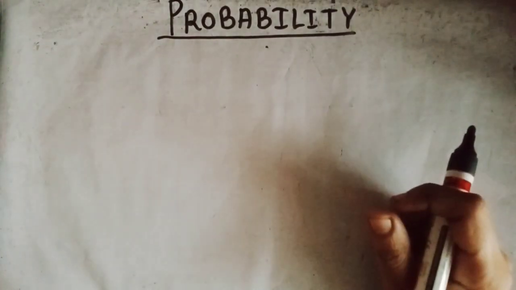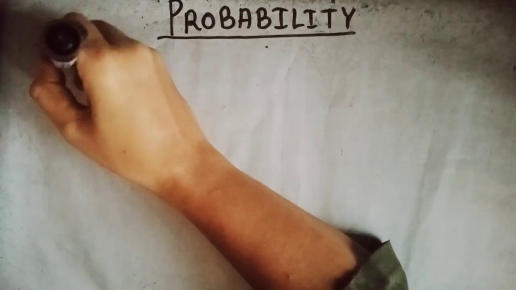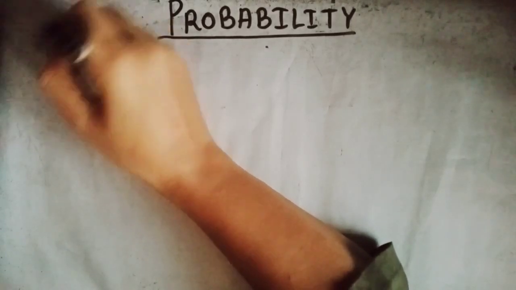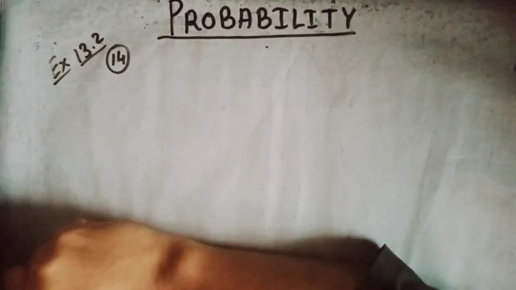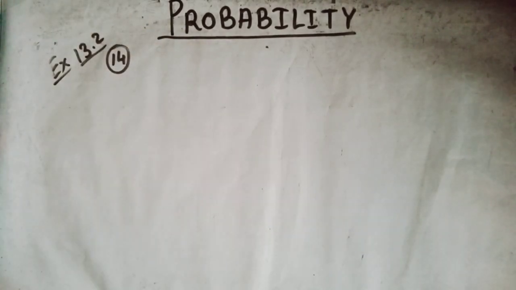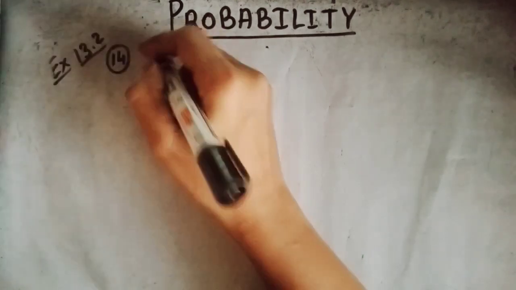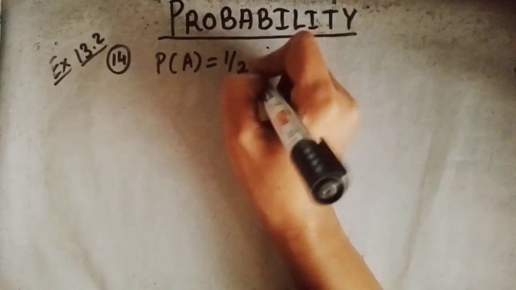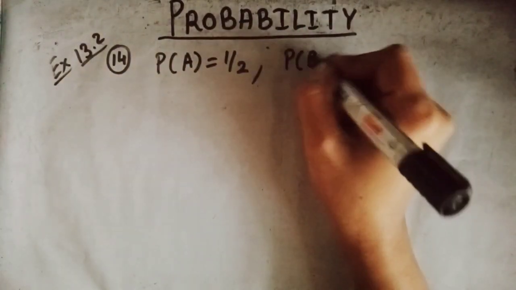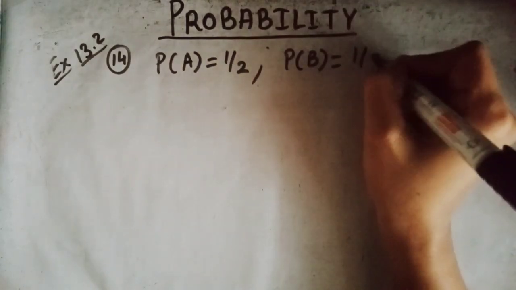Okay, let's solve one problem from exercise 13.2, the 14th one. So probability of solving a specific problem independently by A and B are half and 1 by 3. So P of A is half and P of B is 1 by 3.